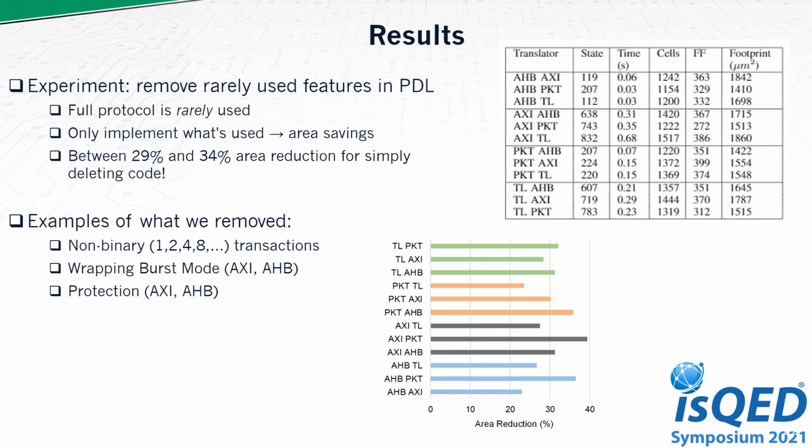Some examples of what we removed are non-binary burst transactions, the wrapping burst mode available in AHB and AXI, and write protection bits. We removed others that were similar in nature and that I myself have not used before. And our results are good. Our results demonstrate roughly 29 to 34% area reduction for simply deleting code. So hence, if your IP doesn't use particular transactions, you can save on area costs by tightening the specification of your protocol.